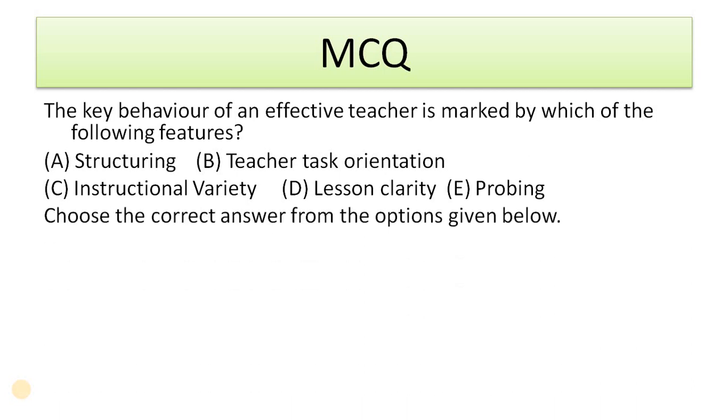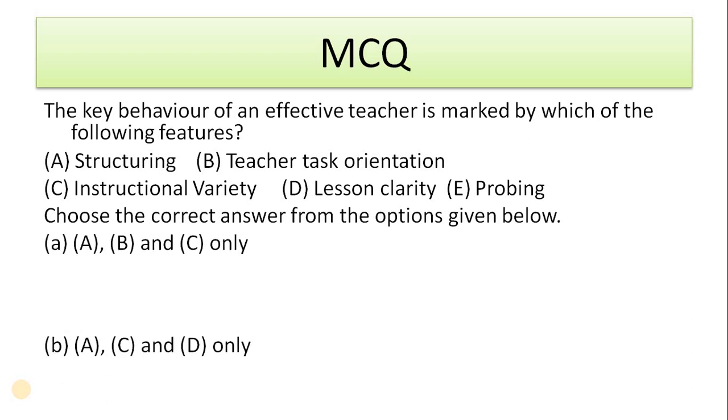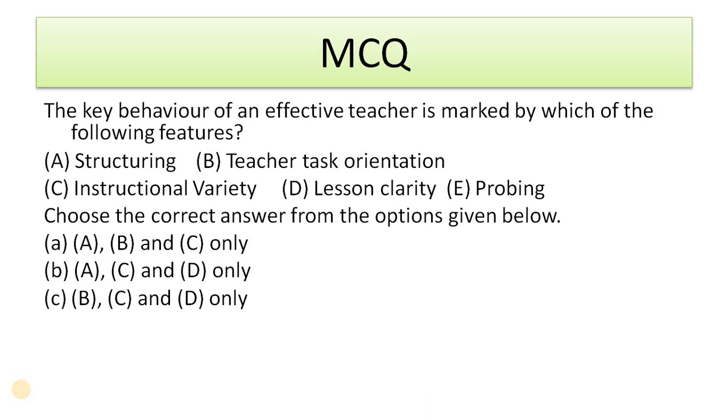We know that structuring and probing, these two are the features of helpful behavior. So, our right option will be C, because teacher task orientation, instructional variety, lesson clarity will be the key behaviors of a teacher.